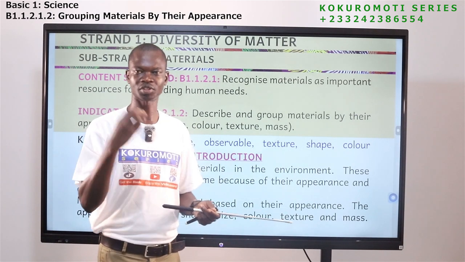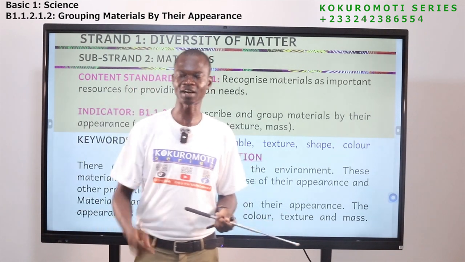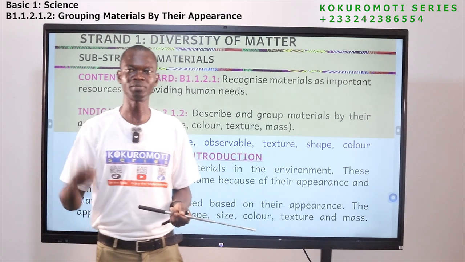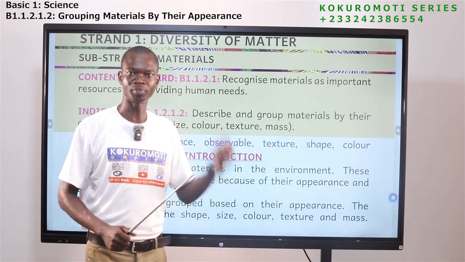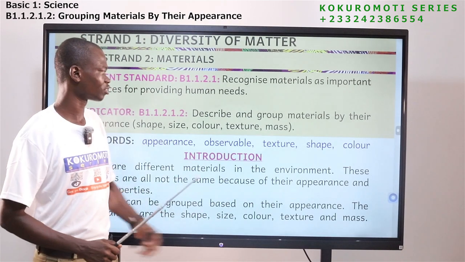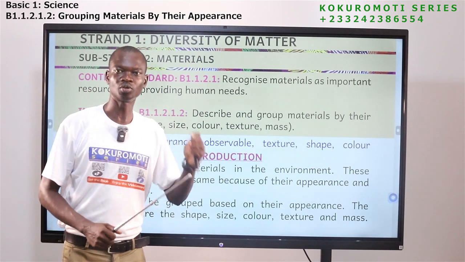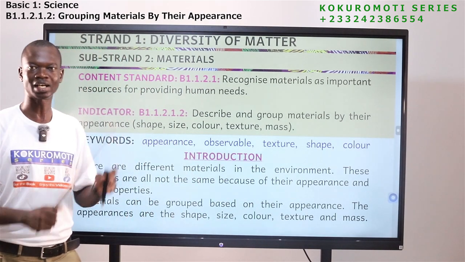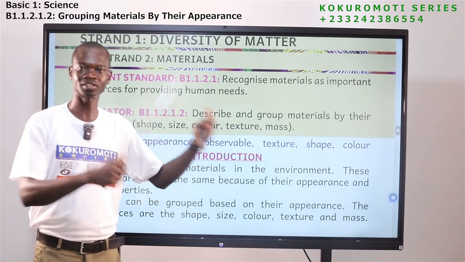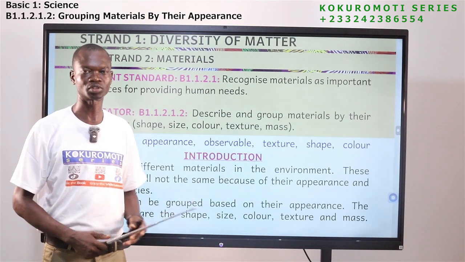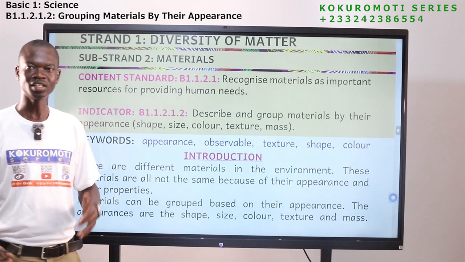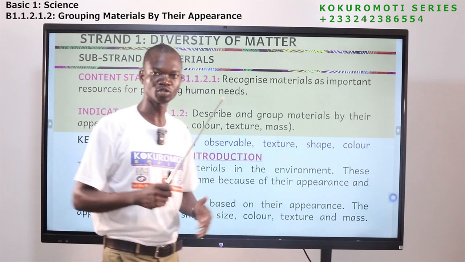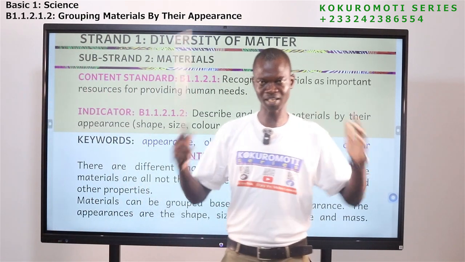We made mention of soil, metal, wood, plastic, grass, and textile. These are some of the things we looked at in our previous lesson as materials and their examples. Today we are going to look at these materials and then put them in groups. The grouping will be based on appearance.